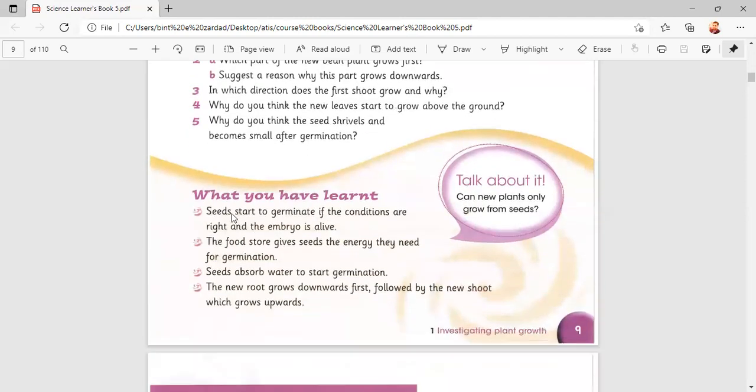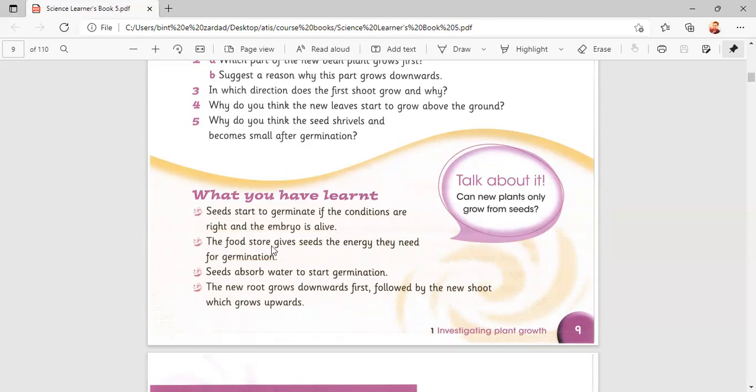After this, what you have learned: seeds start to germinate if the conditions are right and the embryo is alive. What are the conditions? A warm place, water and air, and the embryo must be alive.